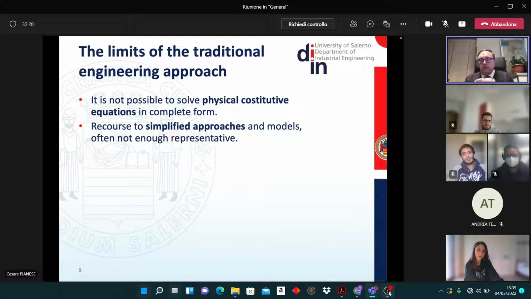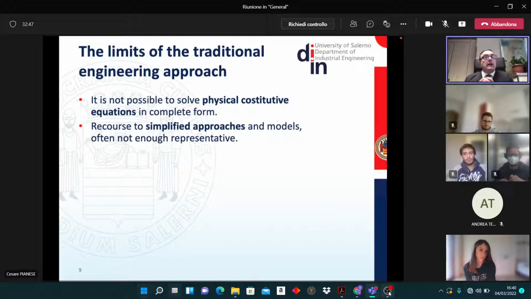As I said before, in a very quick exchange, we use, for example, for fluid dynamic problems, three-dimensional Navier-Stokes equations, which are the basic constitutive equations. If you know the analytical solution... an analytical solution does not exist for the Navier-Stokes equation.